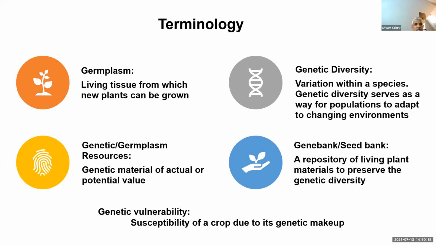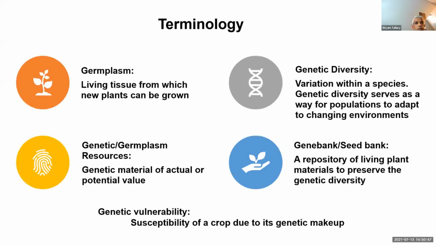So my title already has plant germplasm or peanut germplasm. So what is germplasm? Germplasm is any living tissue from which new plants can be grown. Oftentimes it's the seed, as in the case of peanut, but it could also be a vegetative stem cutting, which you can root and grow into a new plant.